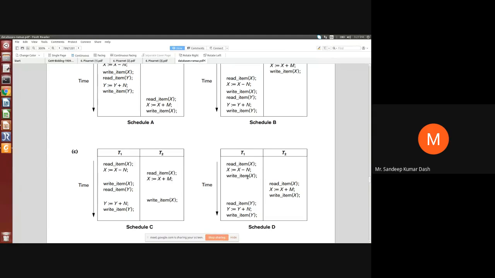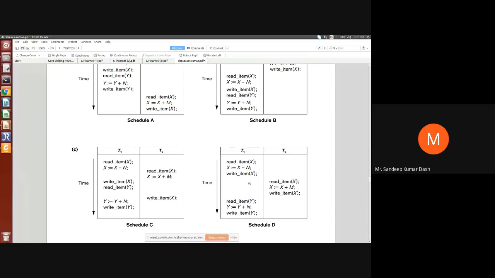Suppose I keep it at time unit 4 and move this up to this place. Then this will fall one place down, and this will go up one place to here. Is this possible? If I do like this, I take this up to here, so this 3 will be writing here, this 6, this 3 I will be writing here, so that T2 will be completed first, T1 will be completed next.